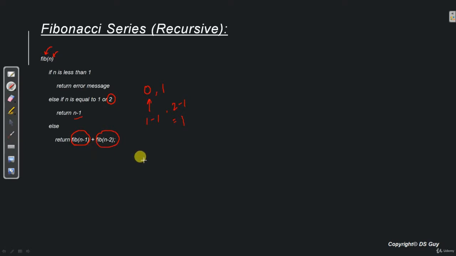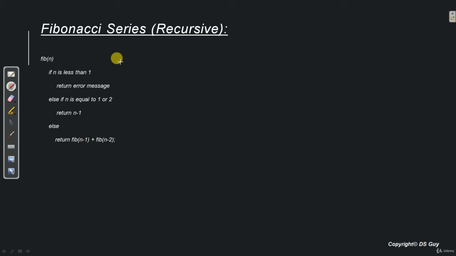So let's say we want to find out the 10th number in the Fibonacci series. This recursive call says find out Fibonacci number 8 and Fibonacci number 9, and that will give us Fibonacci number 10. Fine. Now let's do a dry run of this method.